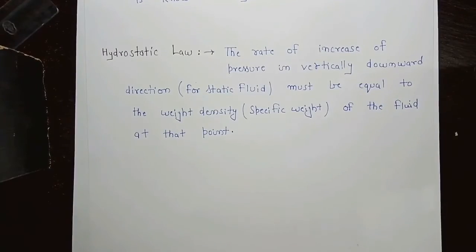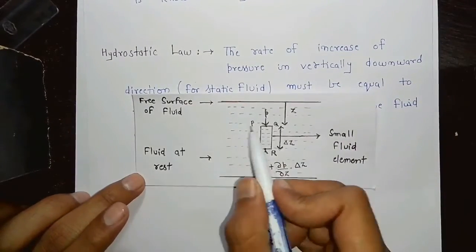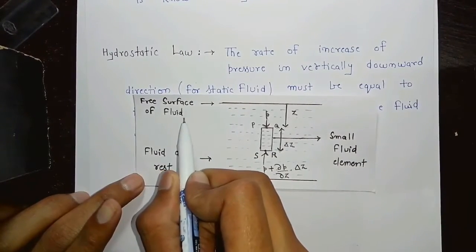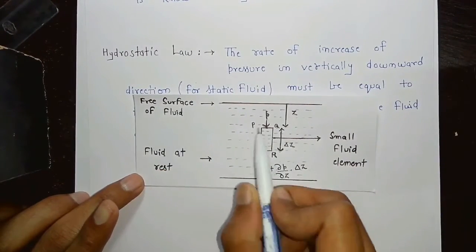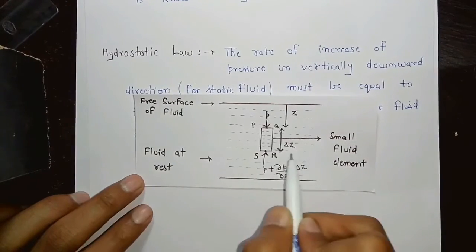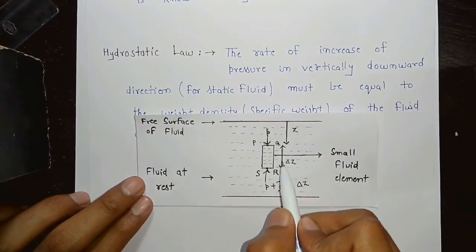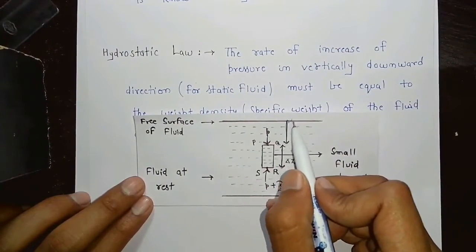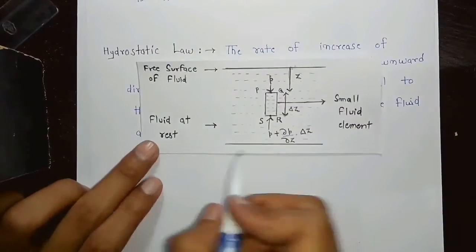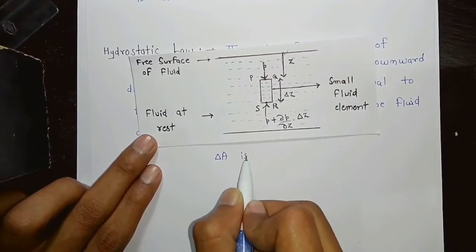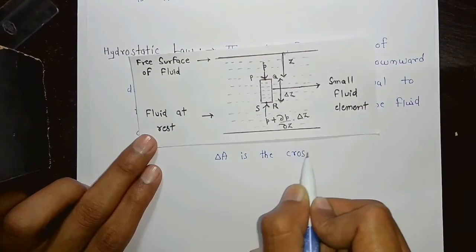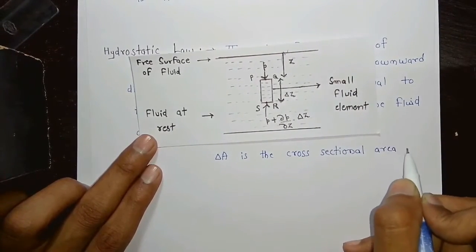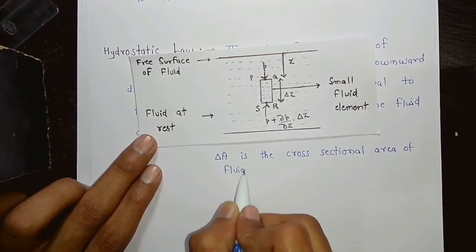Now, this is the fluid at rest, and this is the free surface of the fluid, and PQRS is the small fluid element, and delta Z is the height of the fluid element, and distance from free surface is Z, and delta A is the cross-sectional area of fluid element.